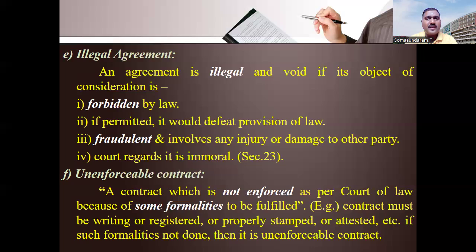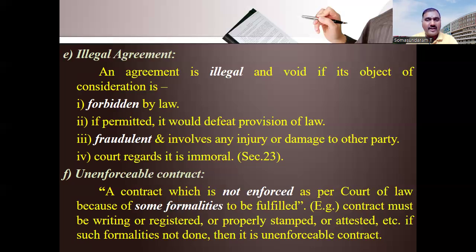Then the next one, according to enforceability, is unenforceable contracts. That means a contract which is not enforced by a court of law. When you make an agreement as per the rules and regulations of the Indian Contract Act, the offer is given and accepted, there are two parties, and all the rules and regulations are fulfilled. But certain formalities have not been completed.